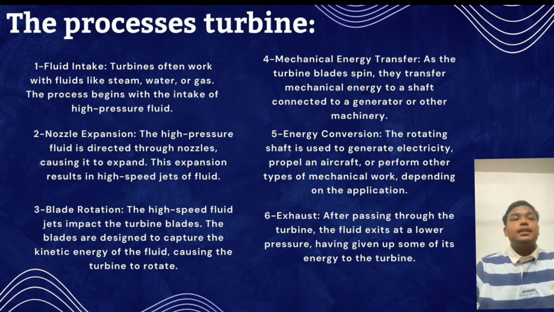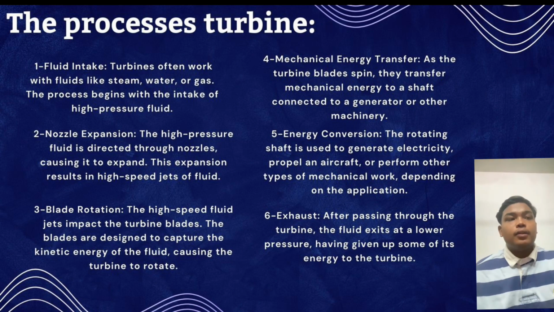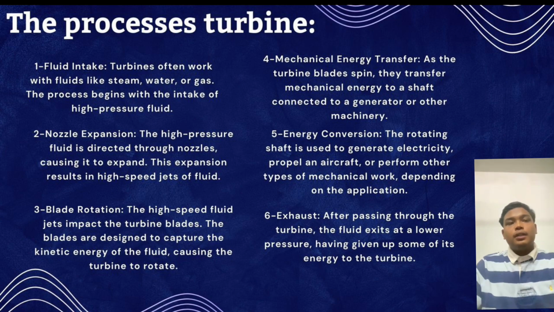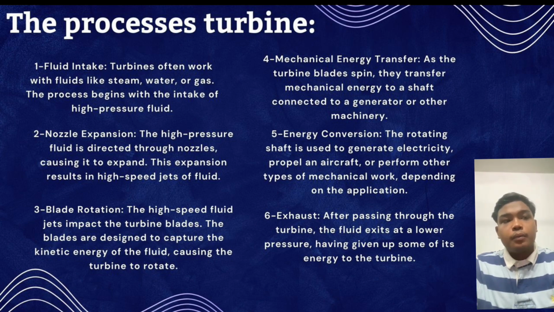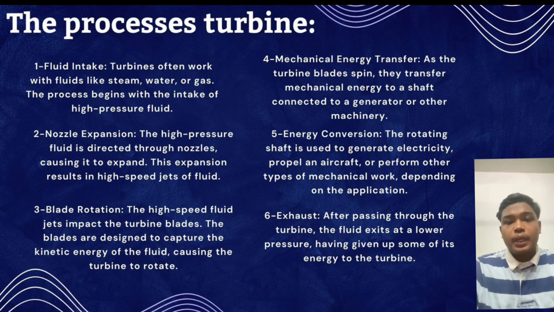Okay, for the last, the process of turbines. Firstly, fluid intake. Turbines often work with fluid like steam, water, or gas. The process begins with the intake of a high pressure fluid. Secondly, nozzle expansion. The high pressure fluid is directed through nozzles, causing it to expand.